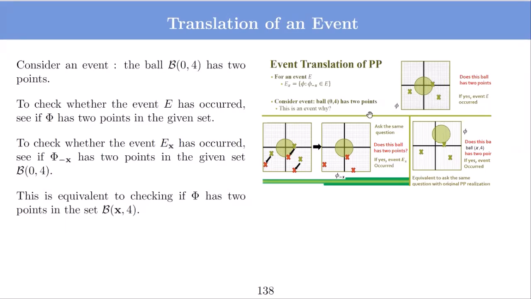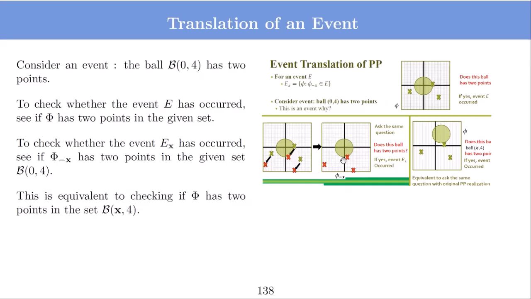Now I want to ask whether this configuration has property EX or not. In that case, I first shift it by minus X, and then for this I ask whether it has property E or not. Property E is whether this ball has 2 points.